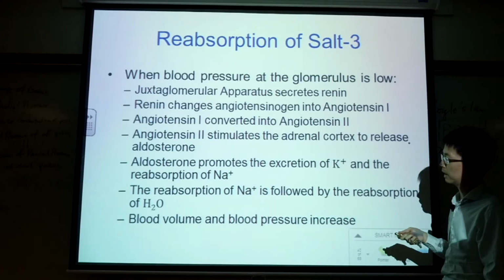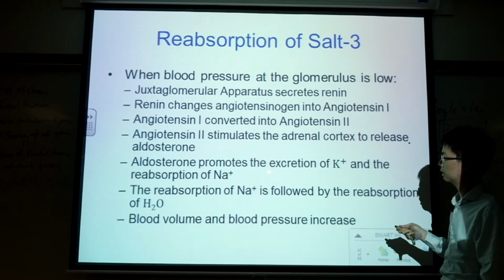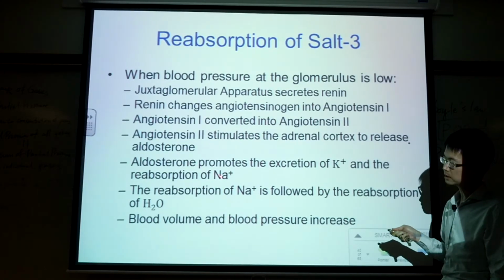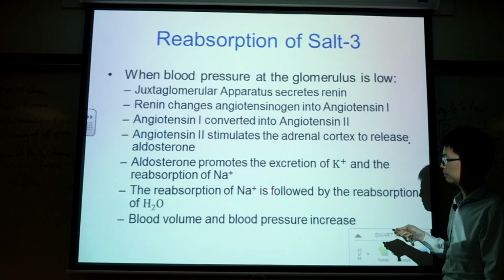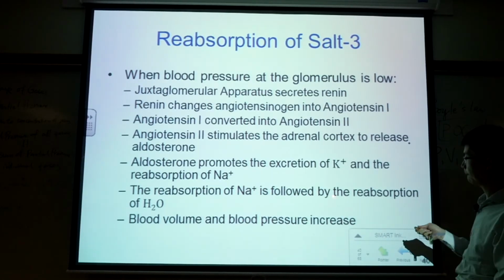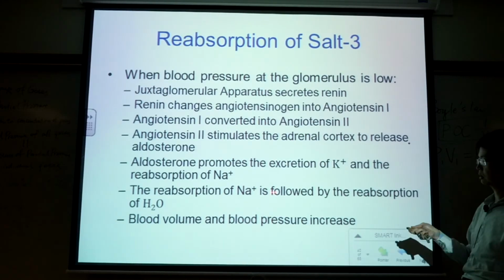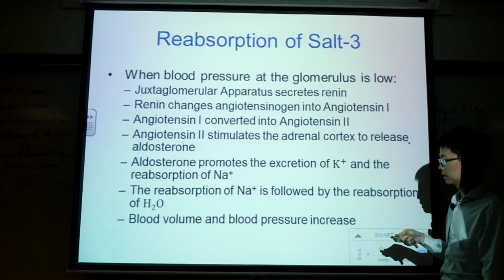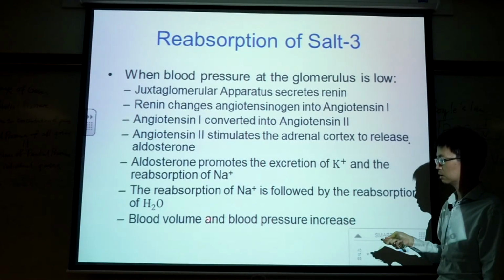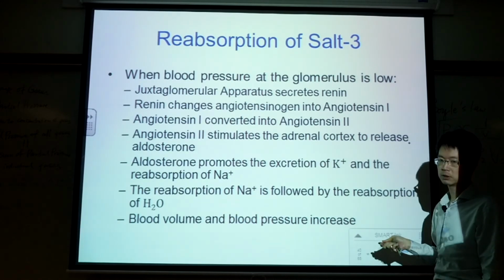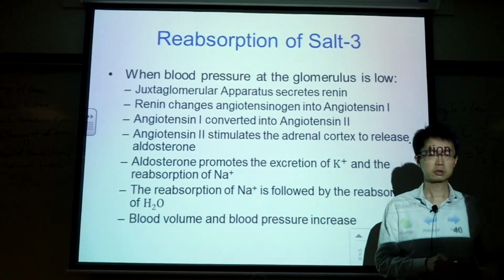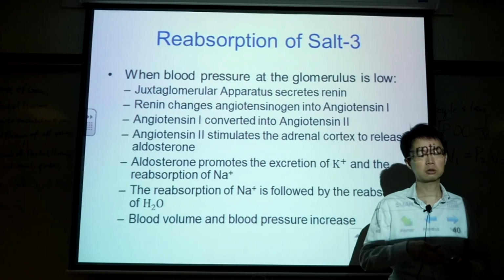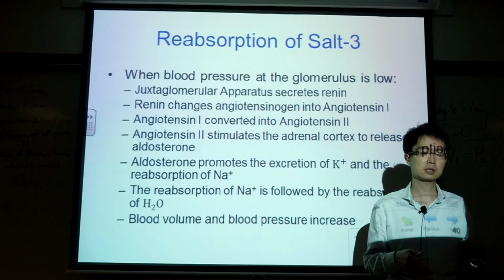And then aldosterone promotes the excretion of the potassium ion, but reabsorption of sodium ion back to the blood, followed by the osmosis, or reabsorption, of water. Last but not least, it will restore the blood volume, therefore the blood pressure will be restored, going back to the original level. This is what we call the RAA pathway. In the next video, I'll draw you the RAA pathway so that you have a better understanding of how it works.